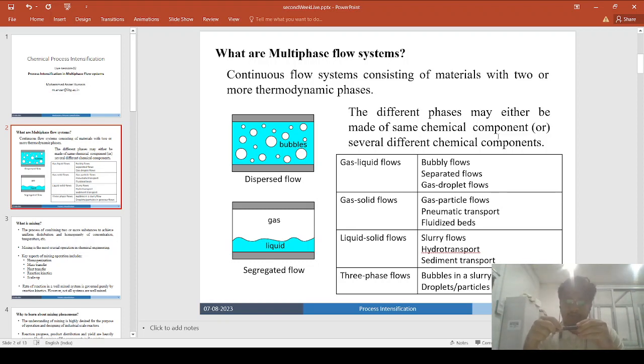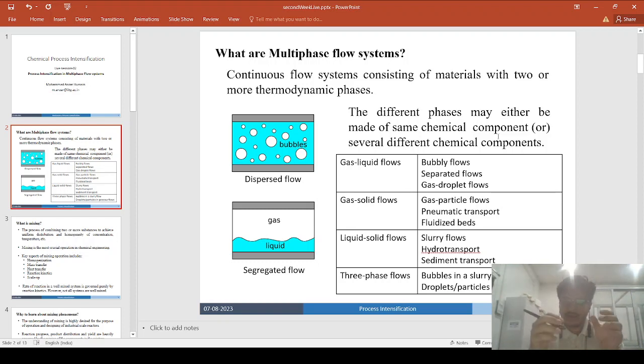Or let me go into a much simpler example. You take some water in a glass and put it out in the sun. What will happen is evaporation will happen, so water will turn into water vapor. Here the basic chemical component is H2O.